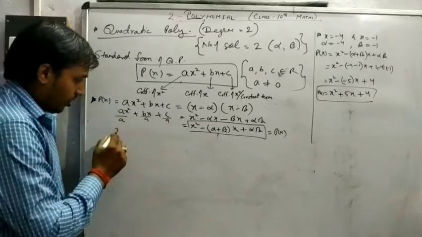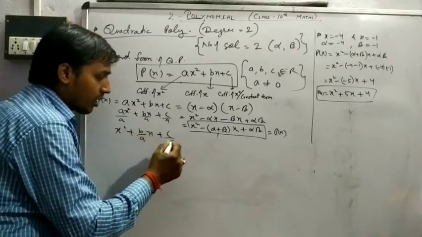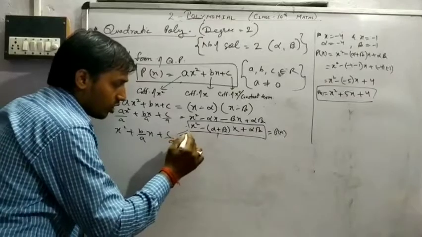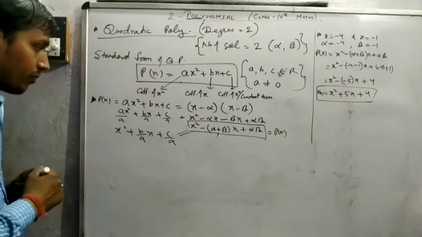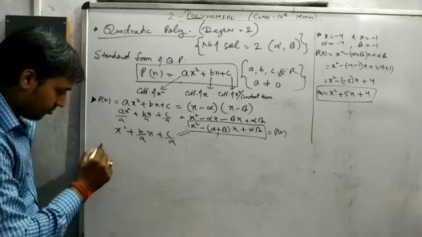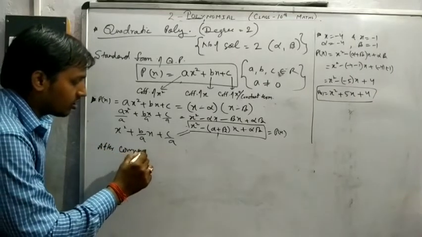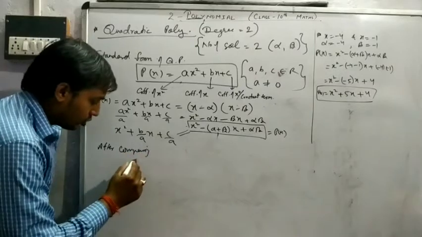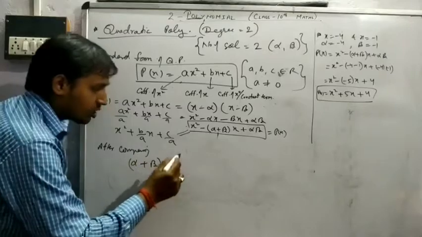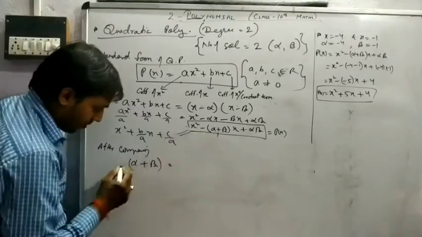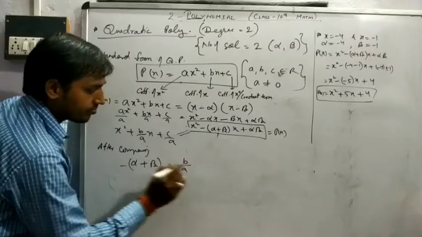So you get x square plus b upon a x plus c upon a is equal to, after comparing, you get alpha plus beta is equal to minus b upon a.